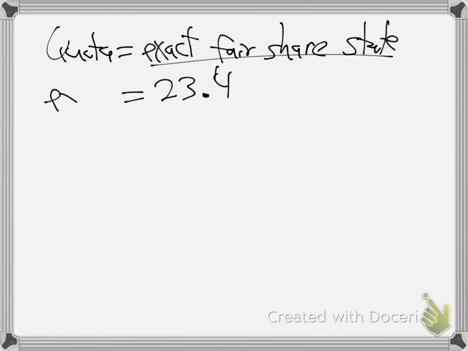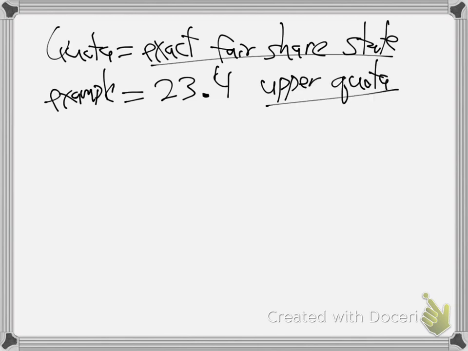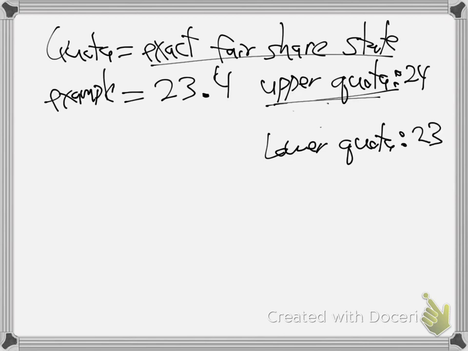So for example, suppose it's 23.4. The upper quota, like the most they should ever get, is rounded up, 24. The lower quota, the least they should ever get, is 23. Upper quota 24, lower quota 23.